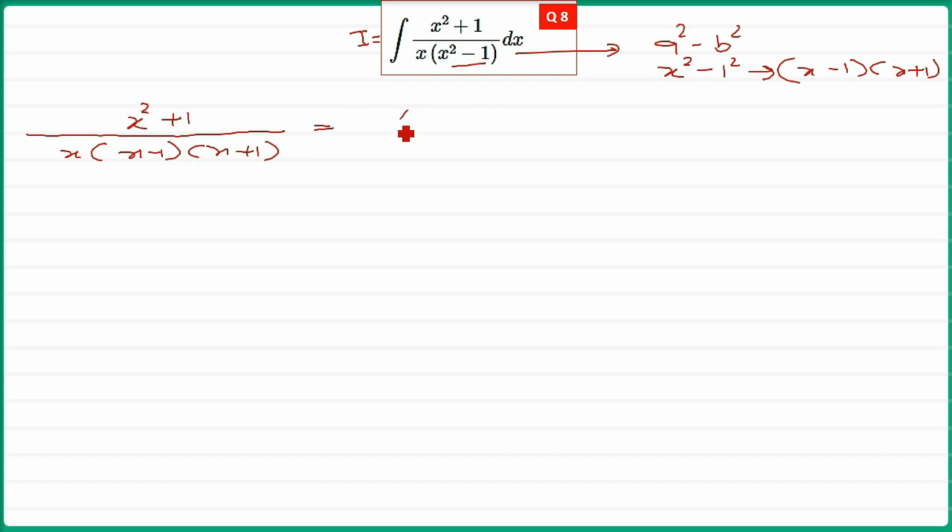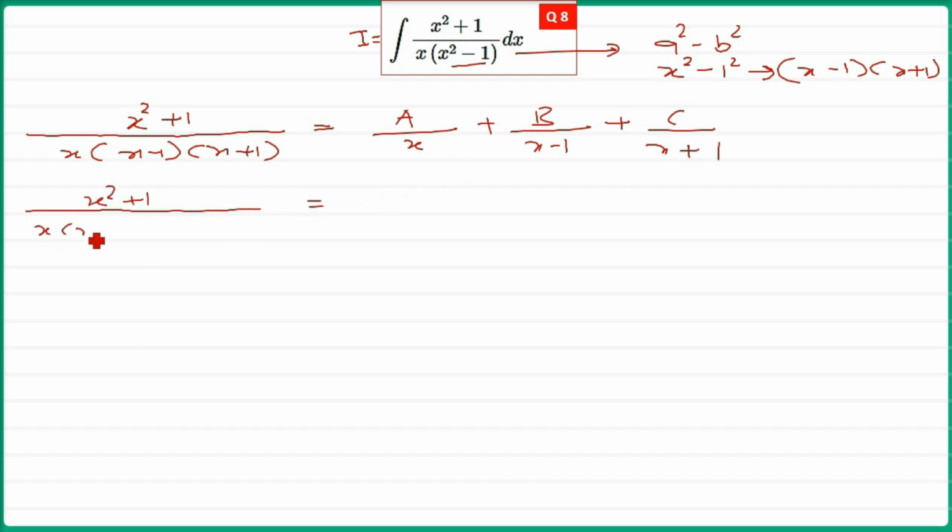So this will be A divided by x plus B divided by x − 1 plus C divided by x + 1. There are three factors, therefore we need three constants. The left hand side will remain the same, and the right hand side will take the LCM. So x(x − 1)(x + 1) will be in the denominator.